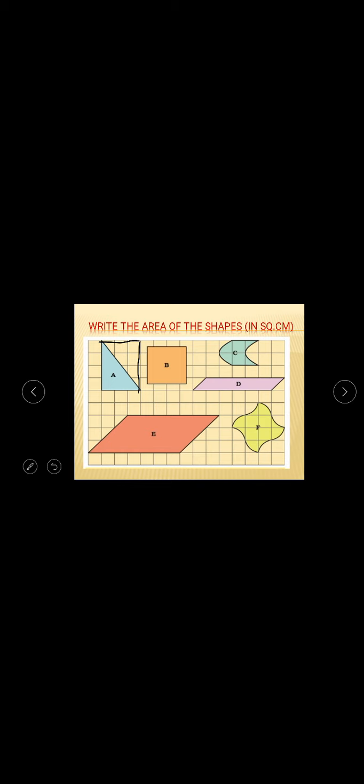So simply count how many square boxes are there in this rectangle. 1, 2, 3, 4, 5, 6, 7, 8, 9, 10, 11, 12. This rectangle is of 12 square centimeter. Now this triangle A is half of this rectangle, so its area will be half. If the area of the rectangle is 12, then the area of this triangle will be 6 square centimeter.